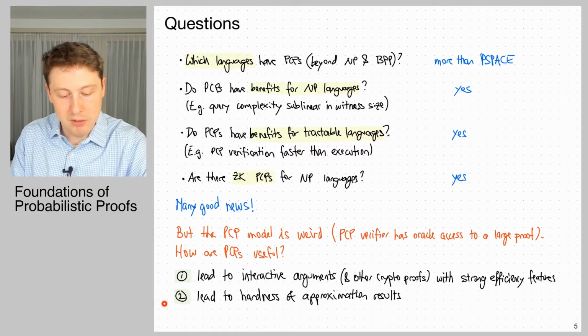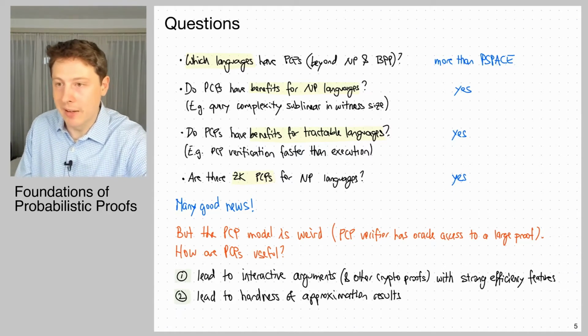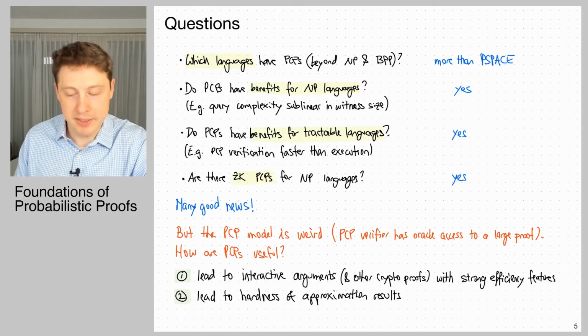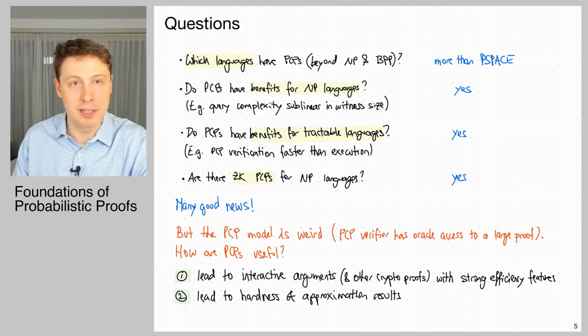So, somehow very magically, there is this dual use, and there are others. These are perhaps the most prominent. Despite having this funny model, they are nonetheless useful. And so all this great progress on PCPs can have impact in ways that maybe interactive proofs couldn't on their own.